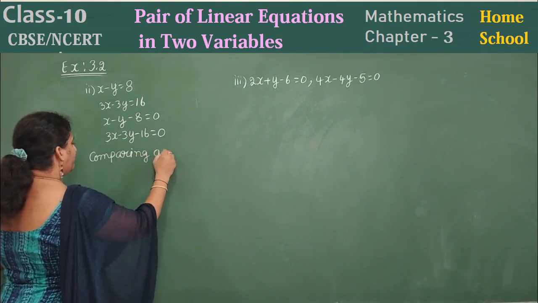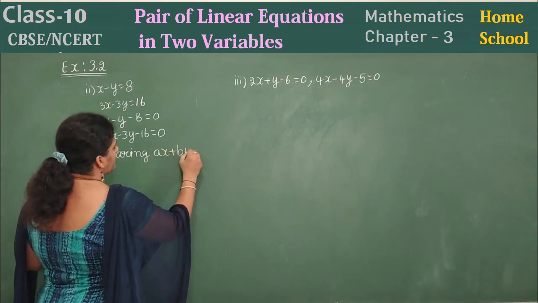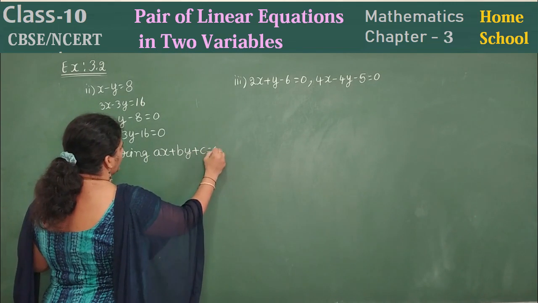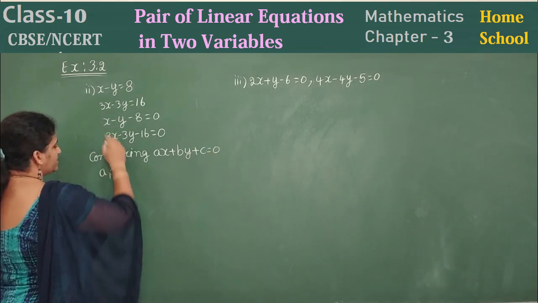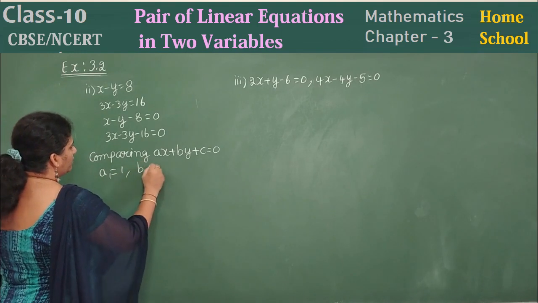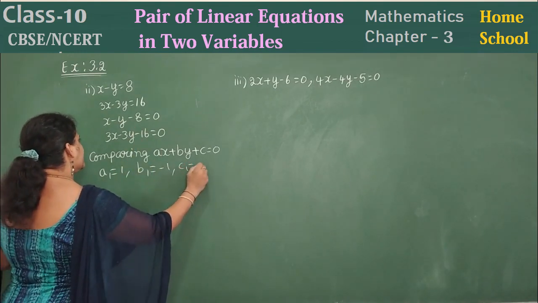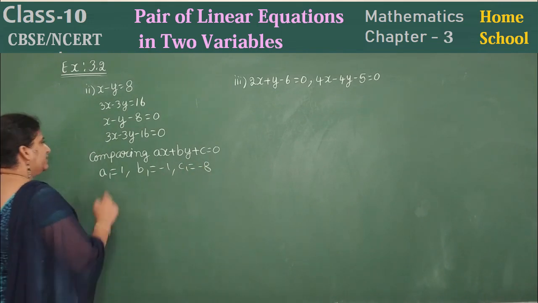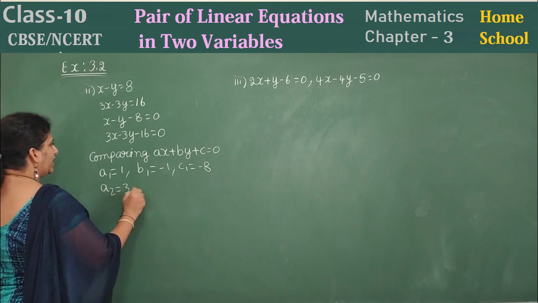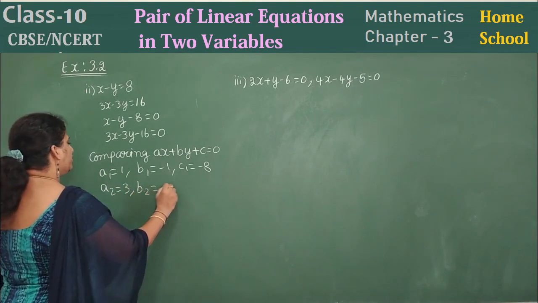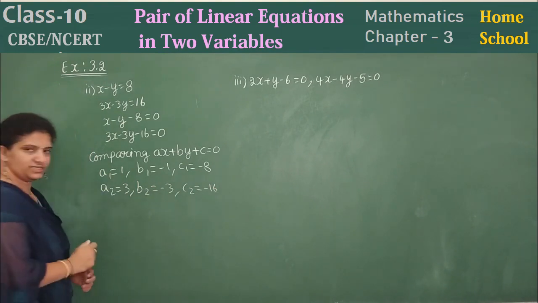with the standard form of the linear equation in two variables, ax plus by plus c equal to 0. That is a1 is equal to 1, b1 is equal to minus 1, c1 is equal to minus 8. And next equation, a2 is equal to 3, b2 is equal to minus 3, c2 is equal to minus 16.